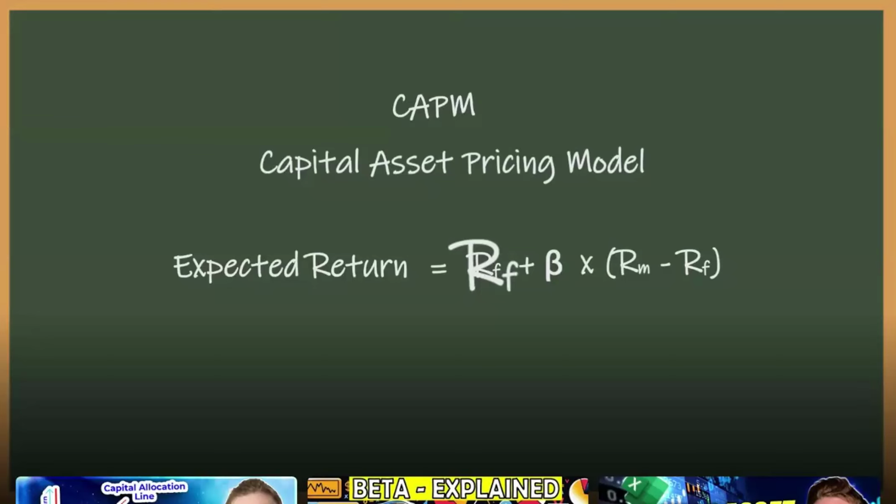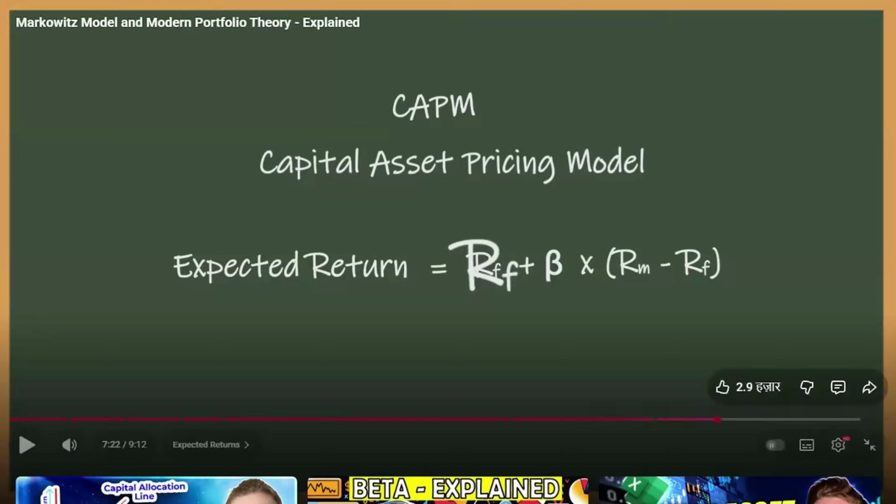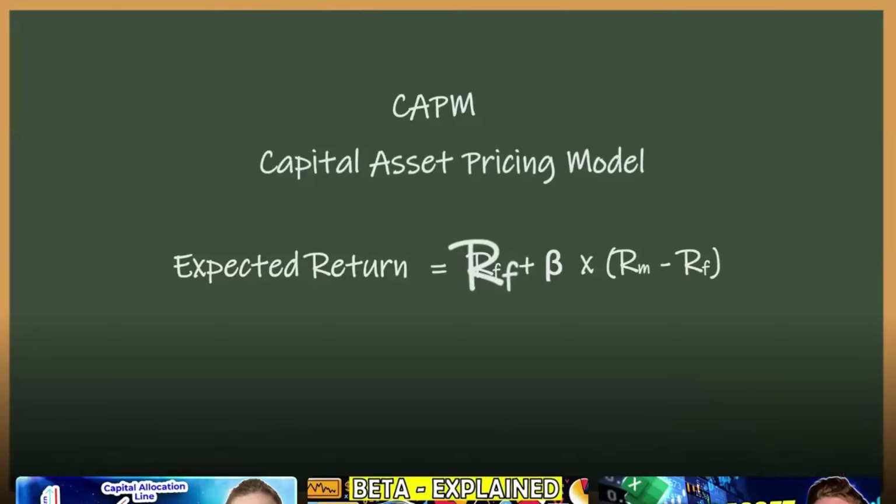So here beta is the risk associated with the investment. That beta represents the risk level of your investment. So beta into RM minus RF. That RM is the maximum return in the market, and RF, as we already saw, is the risk free return.